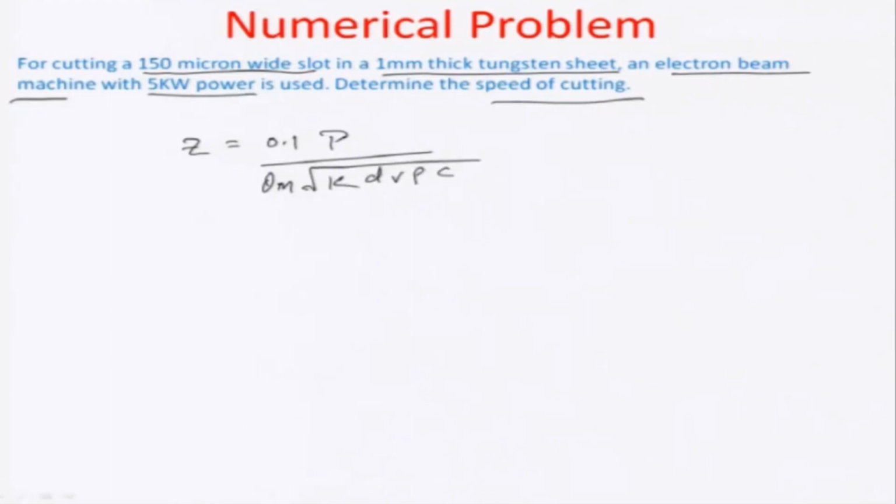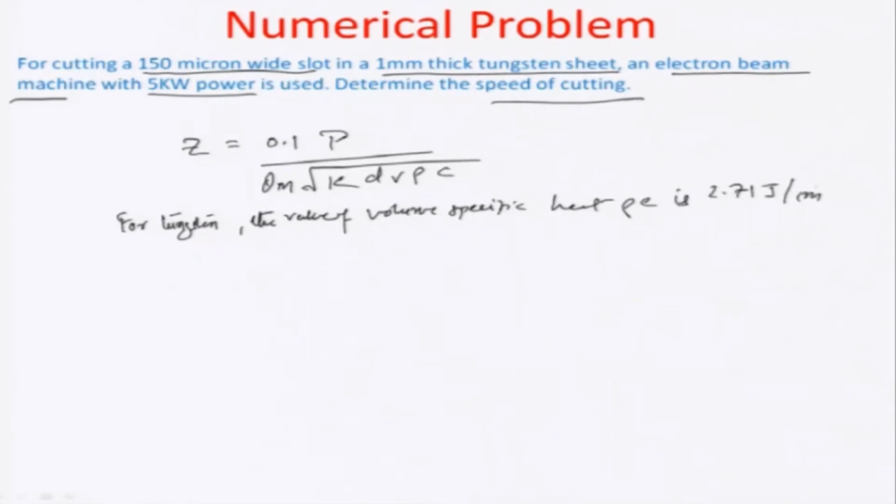We already know for tungsten the value of volume specific heat rho c is 2.71 joule per centimeter cube degree Celsius.